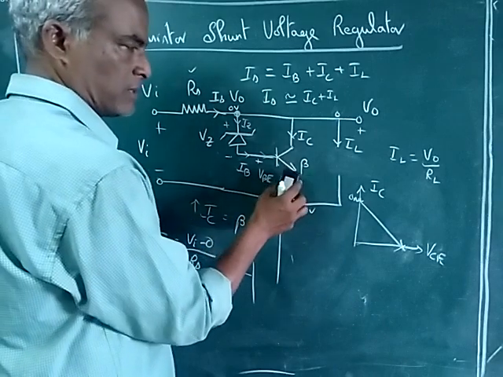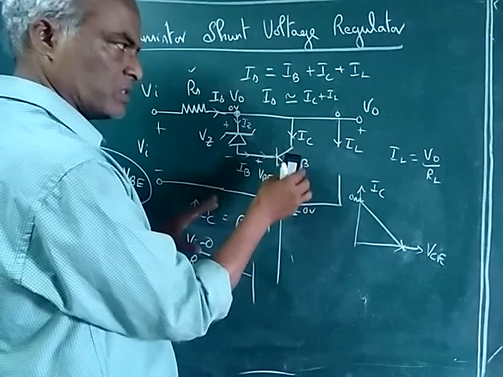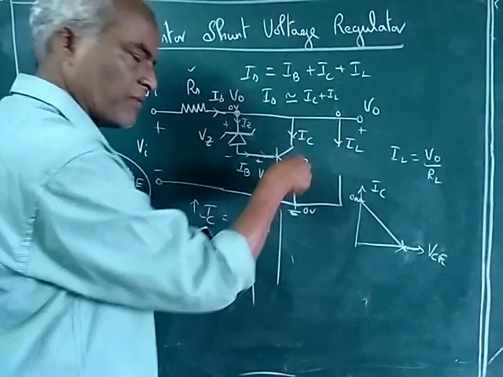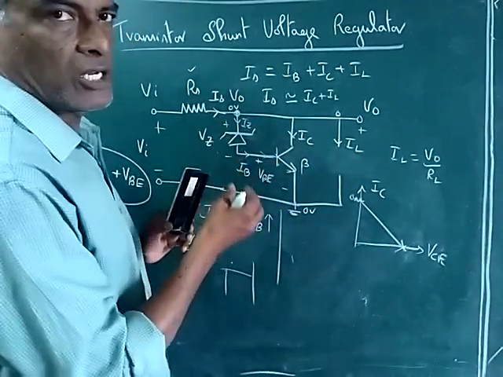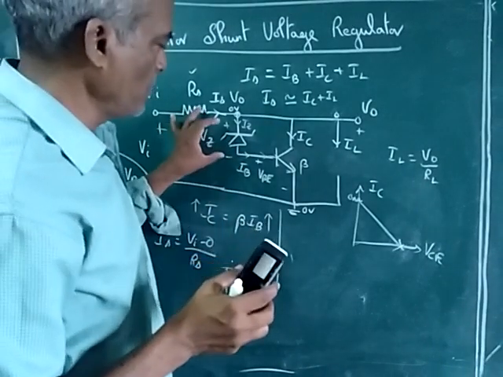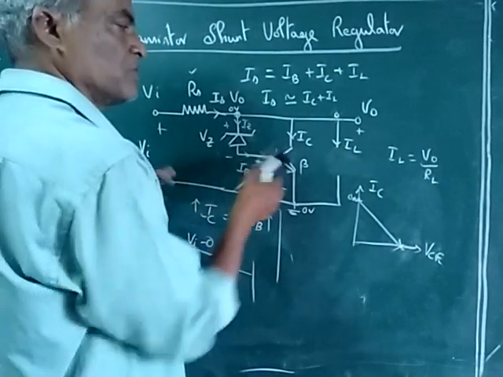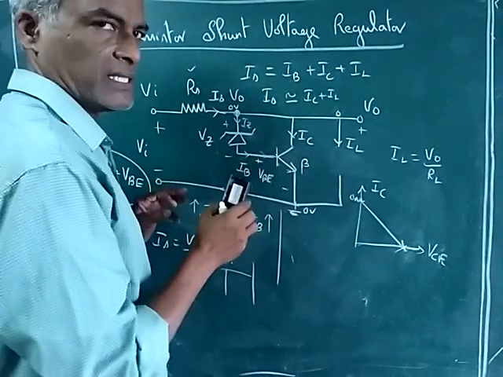So this is almost 0. Therefore, most of the current is taken away by the transistor and not by the Zener diode. So the Zener diode is safe now. We can substitute with a low power Zener diode. Okay, that's the idea of using this shunt transistor.